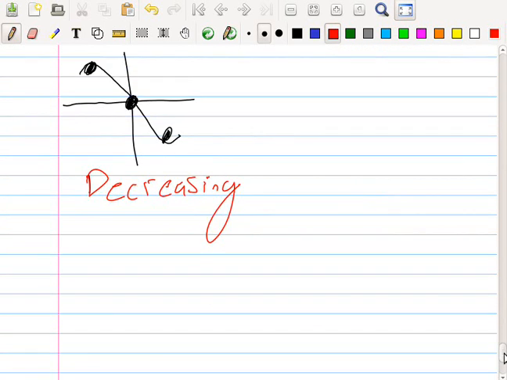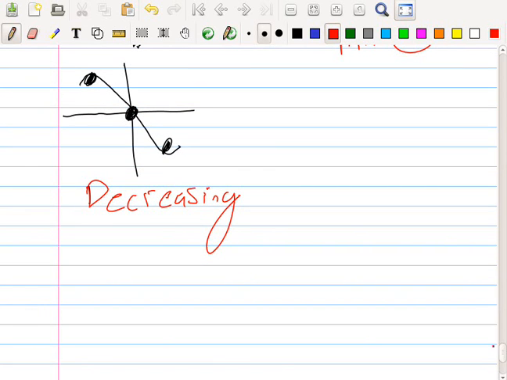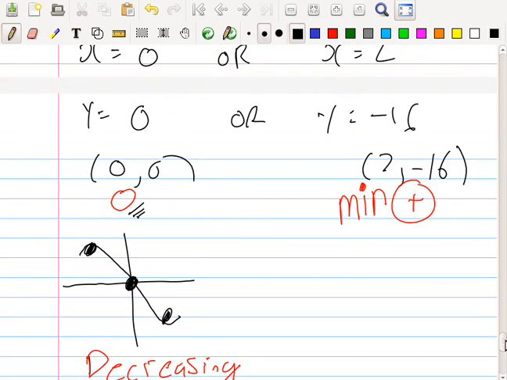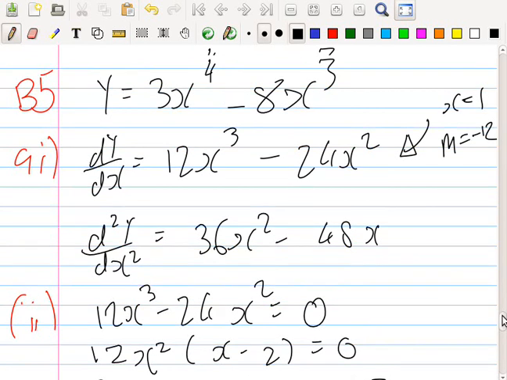Find the equation of the tangent when x is 1. So, what's the equation of a tangent? y equals mx plus c. What's the m? The m is the derivative, the slope when x is 1. So if x equals 1, the m equals minus 12.